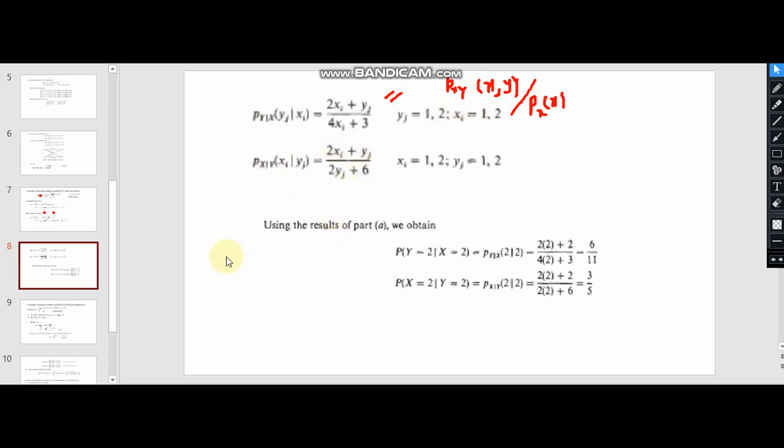The next part, the condition in this problem was y is equal to 2 given that x is equal to 2.